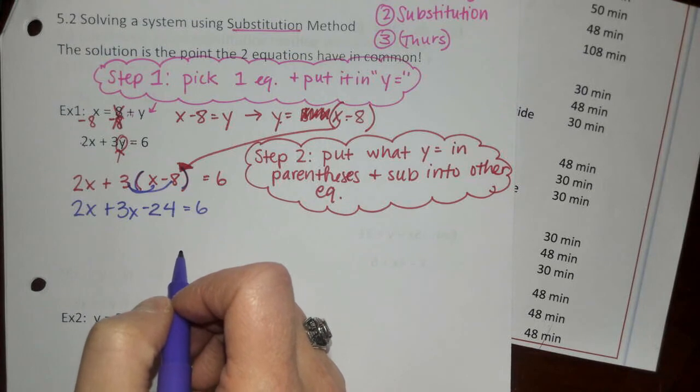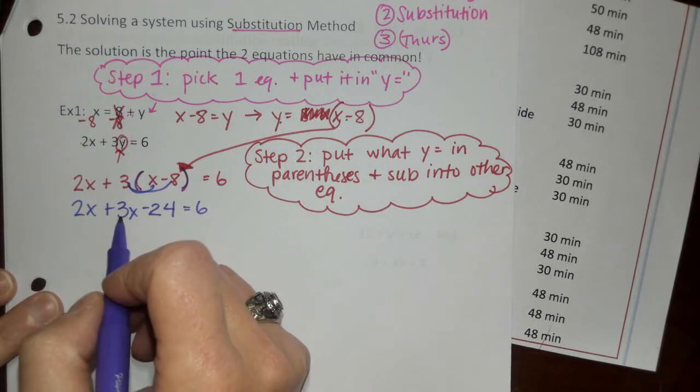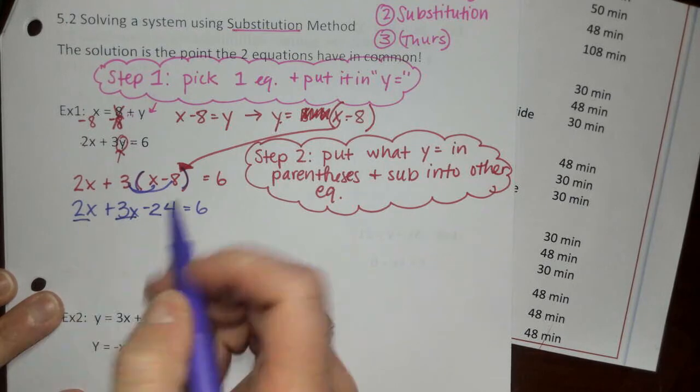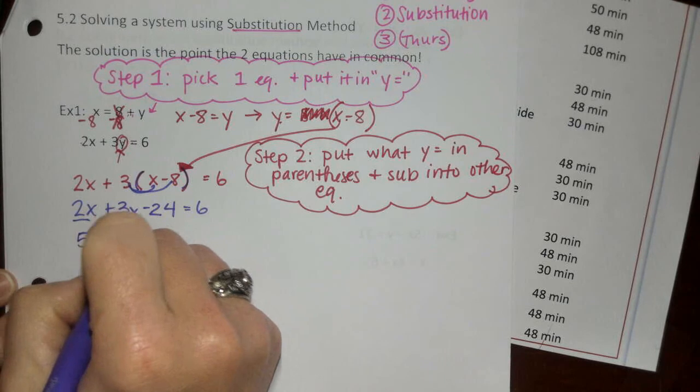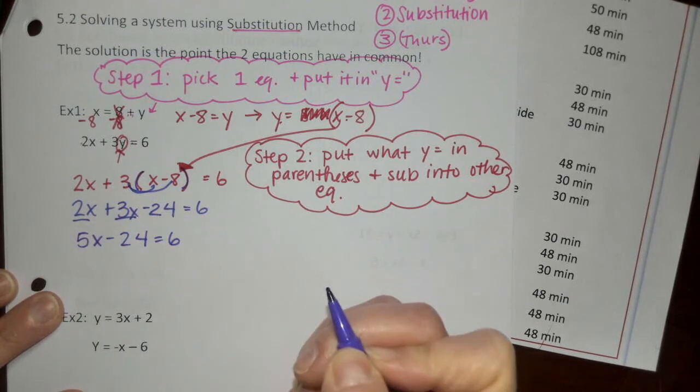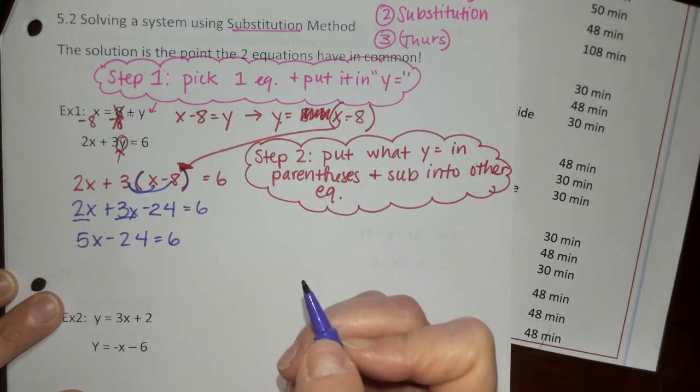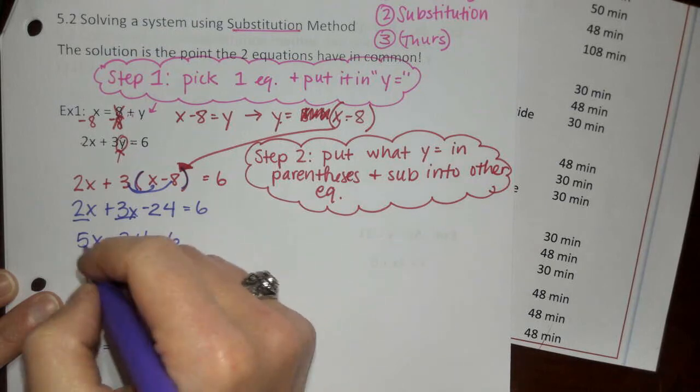And now we want to combine like terms. We have 5x minus 24 equals 6. And then we're trying to solve for x.